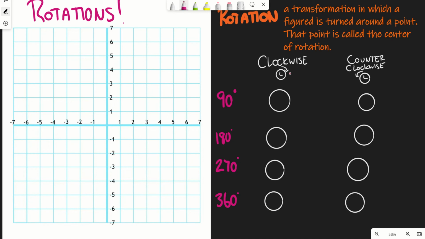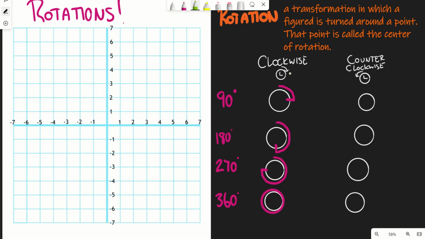So 90 degrees clockwise means I'm starting at the top and I'm going 1/4 turn to get right here. 180 means I'm starting at the top and I'm going halfway around to get right here. 270 means I'm going 3/4 of the way around to get over here. And 360 means I'm doing a full loop all the way around my circle. Okay, so that's how we know how far to go. 90 degrees is 1 turn, 180 degrees is 2 turns, 270 is 3 turns, 360 is all the way around.